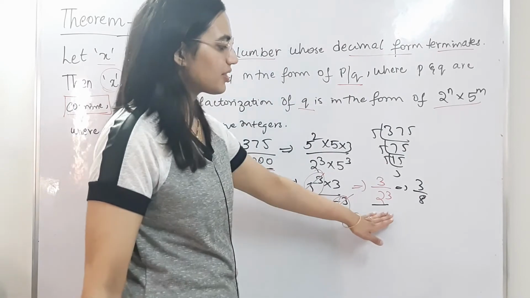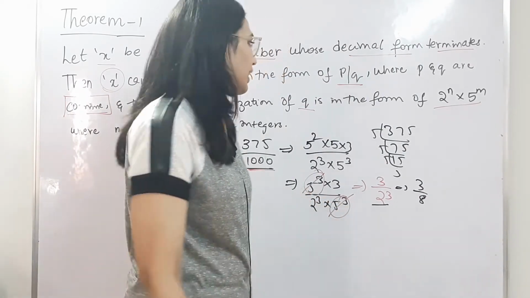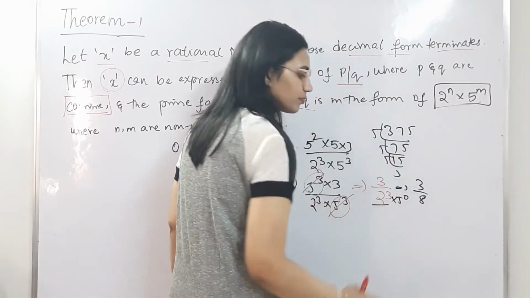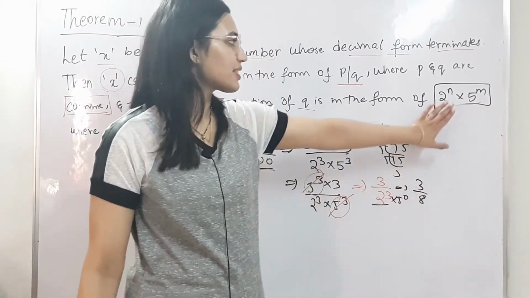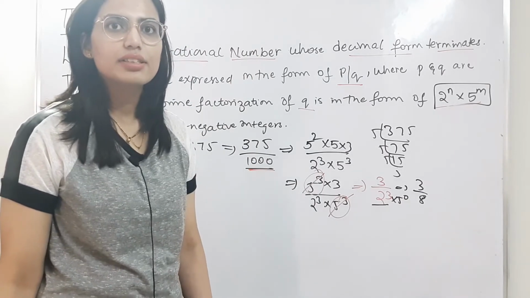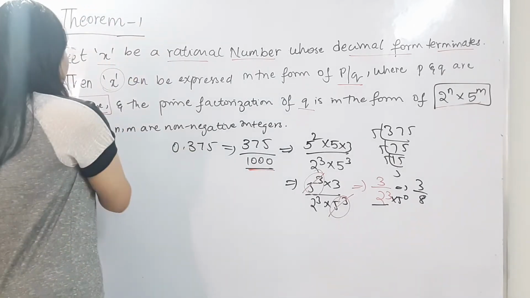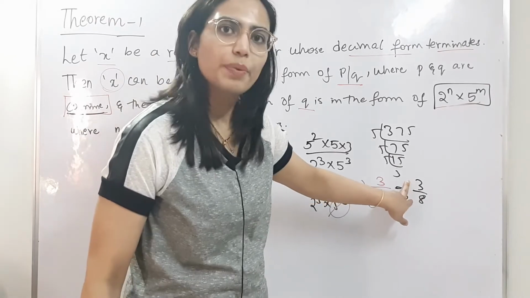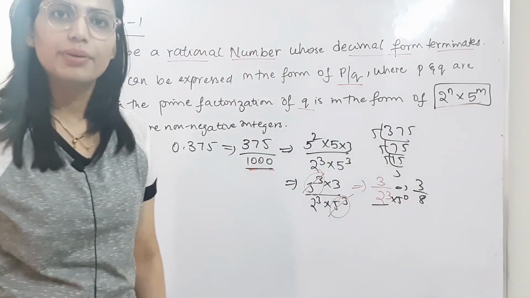The denominator is in the form of 2 cube, that is 2 power of 3. And it is in the form of 2 power of n into 5 power of 0. So, based on this, can we say that this number is a terminating decimal? For sure we can say that, because this number is coprime and we can say that it is in the form of 2 power of n into 5 power of m.